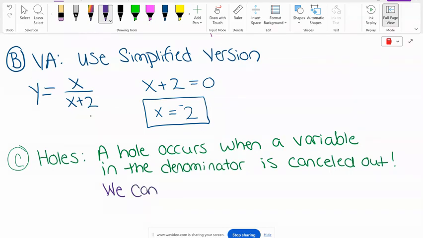We canceled out x minus 2 in the denominator.